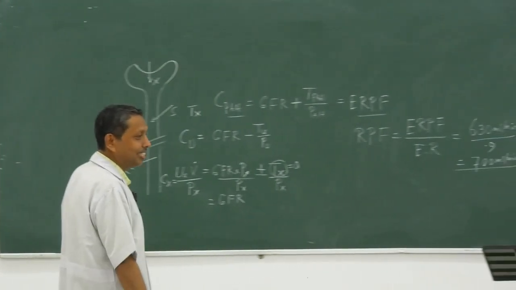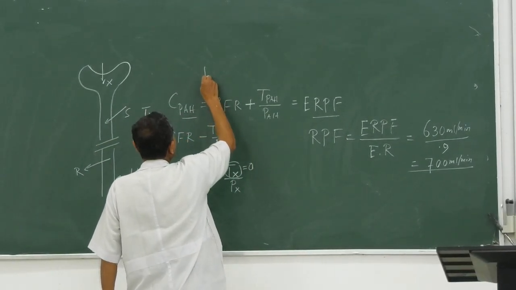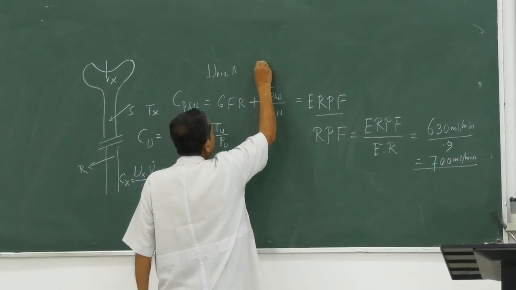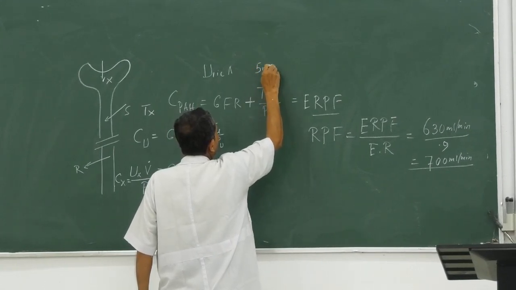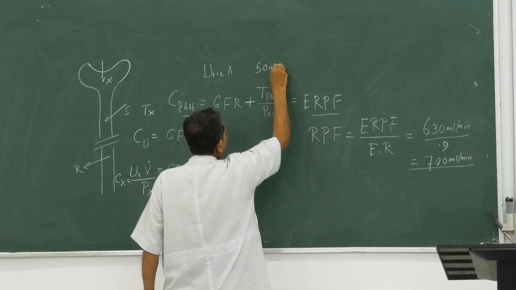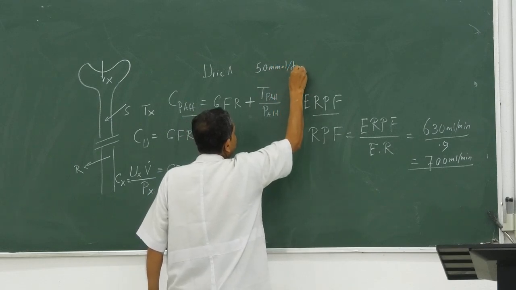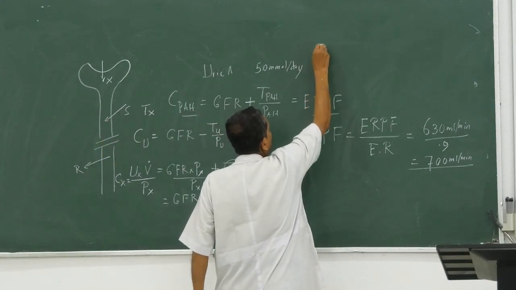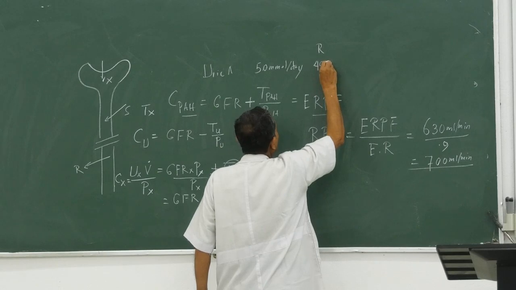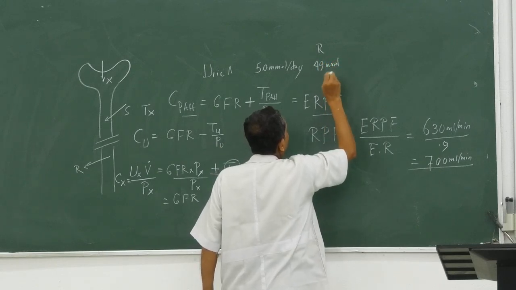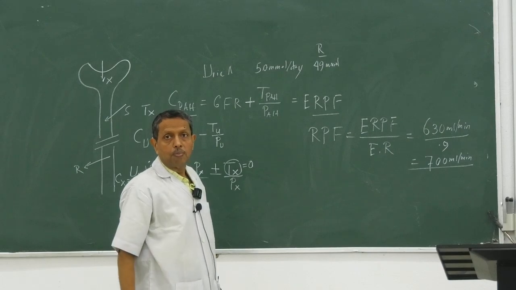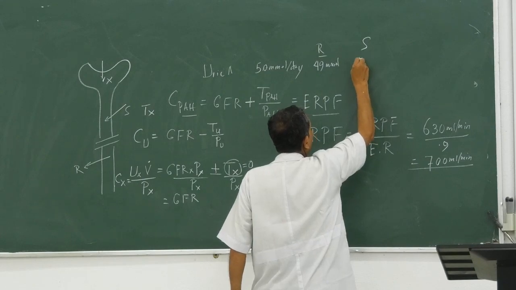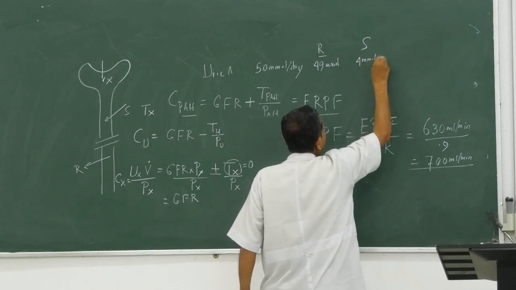Suppose an example of uric acid, and daily filtered load 50 millimole per day. It is the filtered load. Reabsorbed 49 millimole, and secreted 4 millimole, and that is excreted.